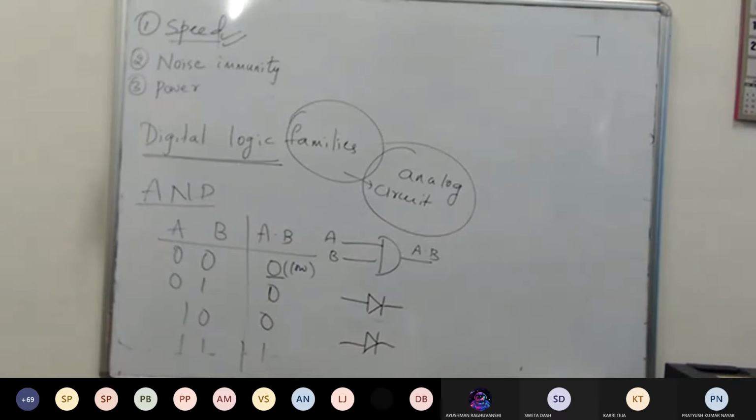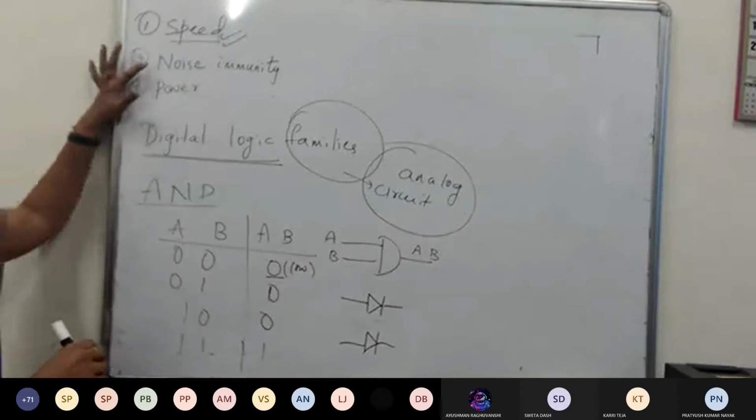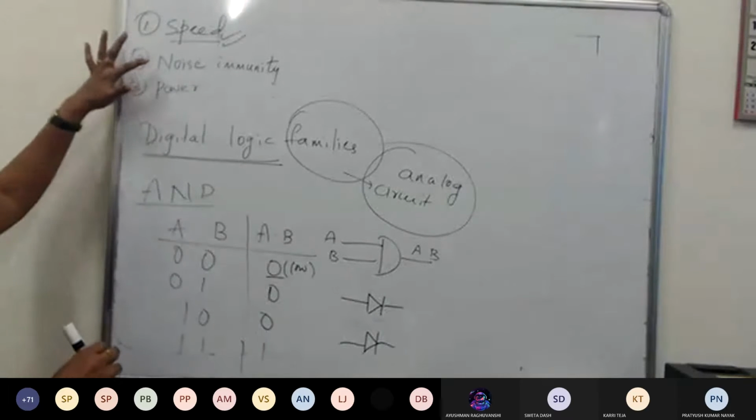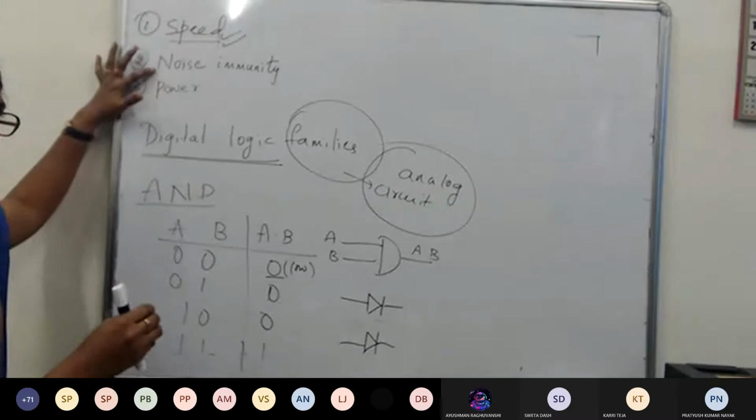The original signal is getting varied. That's what you are telling, isn't it? Is that correct, Ayushman? Yes, ma'am. So absolutely correct. Noise is the variation of the signal.